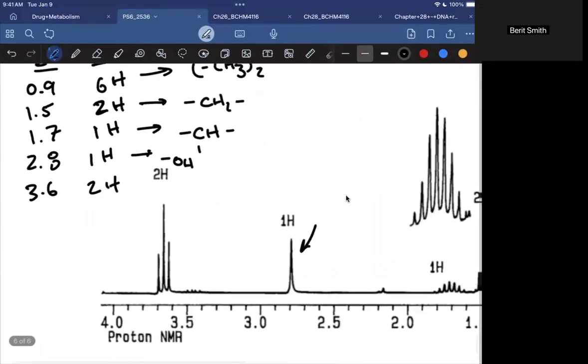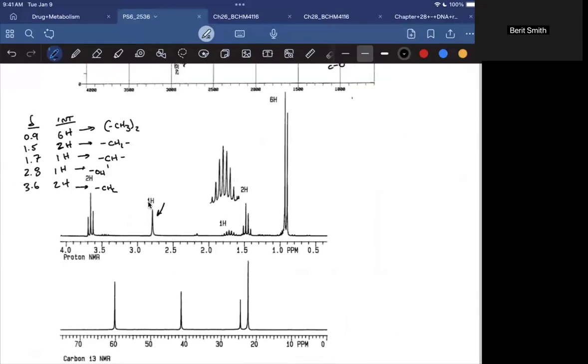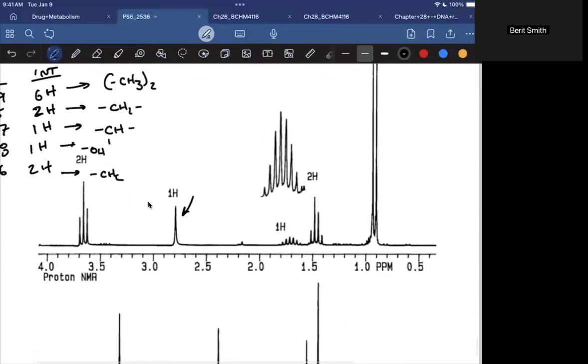And then this last one is our CH2. Because it's so far to the left, it's going to be closer to the more electronegative atom. So this CH2 is probably going to be pretty close to this alcohol right here. So that's a good hint. The further to the left on the NMR you see the peaks, the closer to an electronegative atom it's going to be.